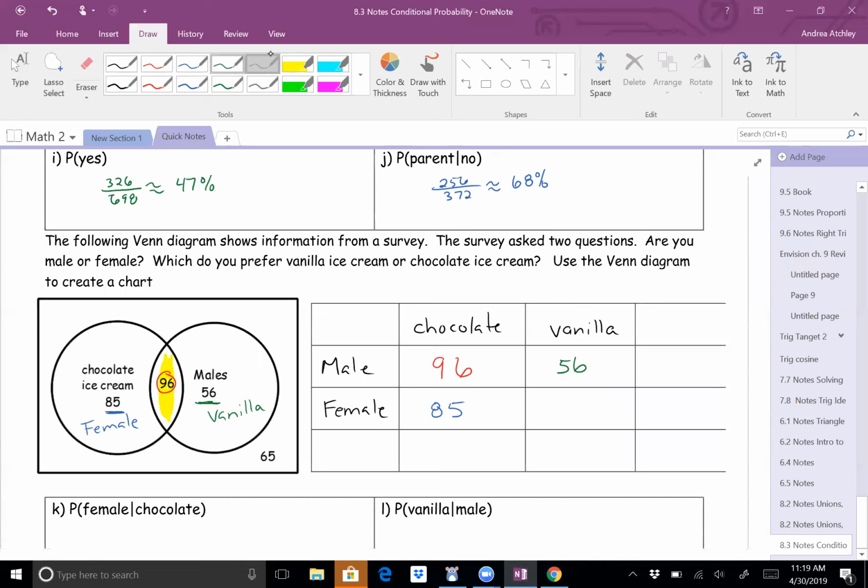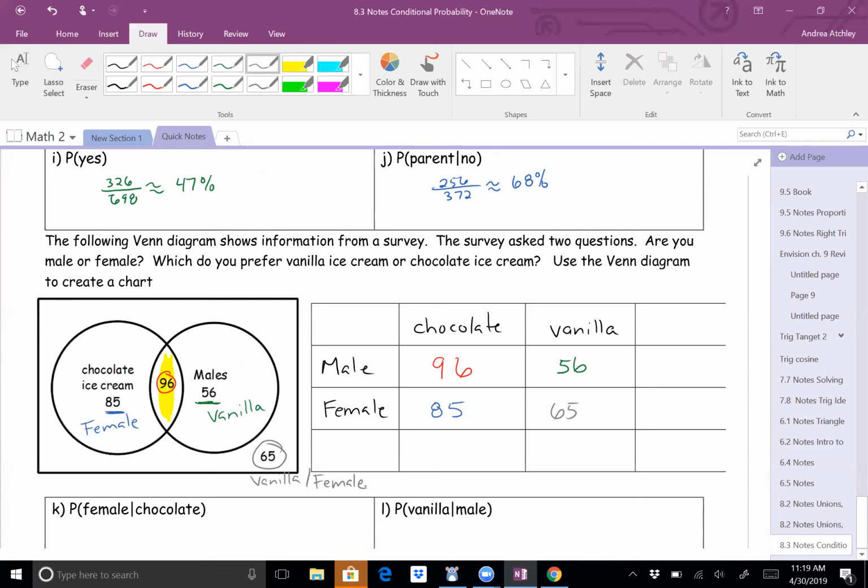Then this group of people are not male, so they are female, and they are not chocolate, so they are vanilla. So they're vanilla and female.